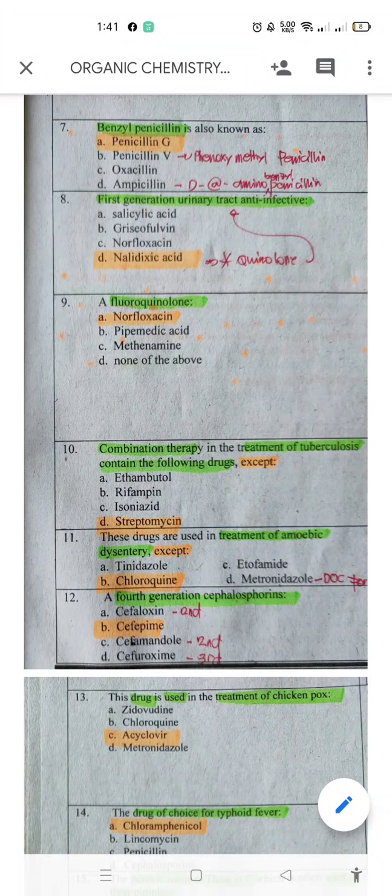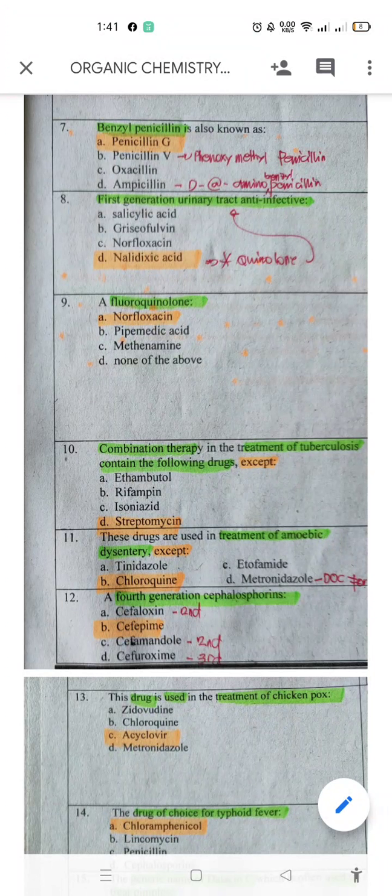So, metronidazole is the drug of choice for amoebiasis, and the cause of amoebiasis is Entamoeba histolytica, giardiasis caused by Giardia lamblia, and trichomoniasis caused by Trichomonas vaginalis.